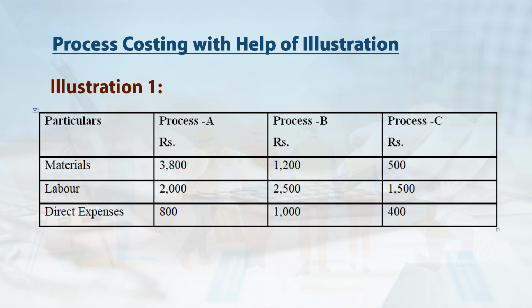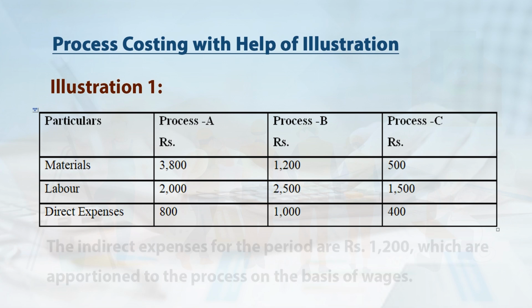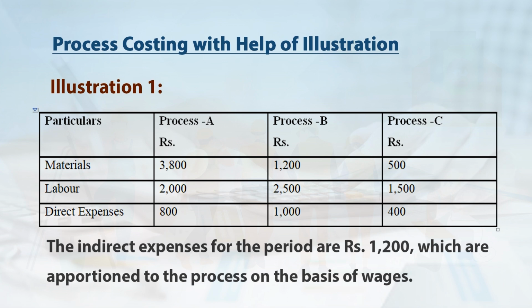Direct expenses for A 800, for B 1000 and for C 400. The indirect expenses for the period are rupees 1200, which are apportioned to the processes on the basis of wages. No work in process stocks existed at the beginning or end of the month.